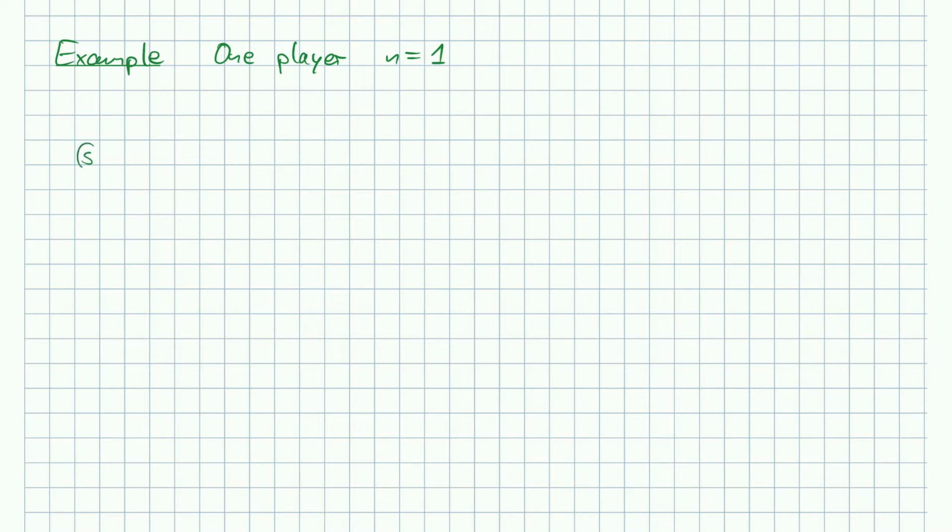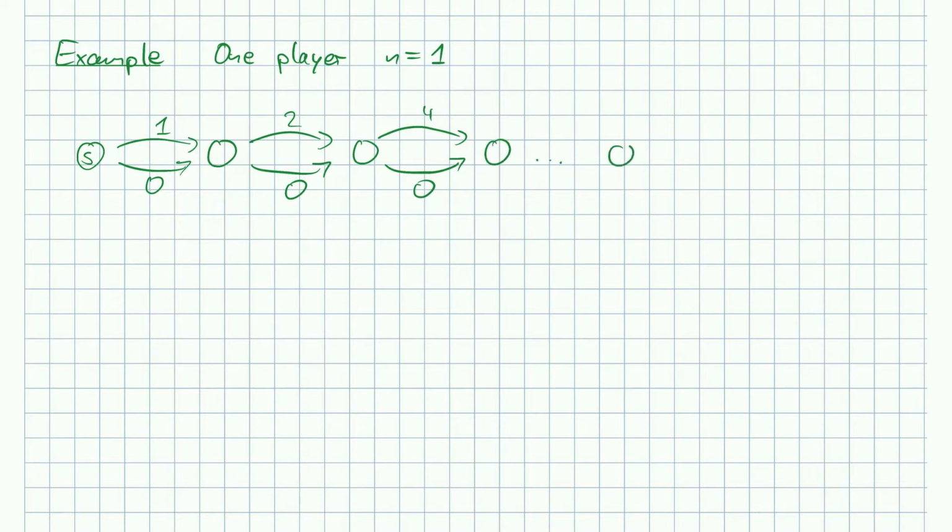We have a source, and then we have a sequence of parallel edges, namely these are k plus 1 pairs of parallel edges.